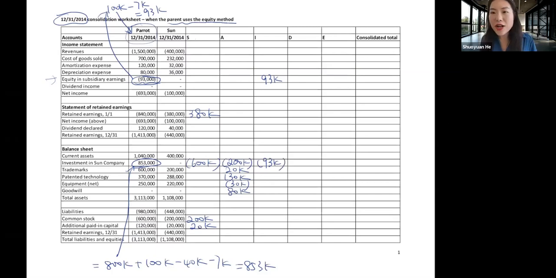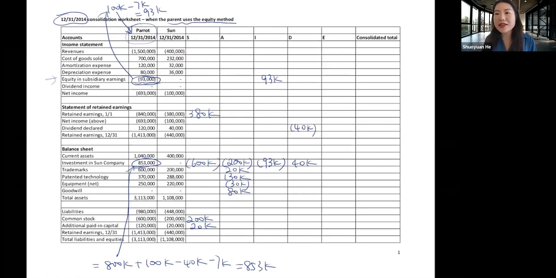Consolidation entry D. The purpose of consolidation entry D is to eliminate the intra-entity dividend payment from the subsidiary to the parent. And the journal entry, we already explained it. It is to debit the investment account for 40,000 and credit dividend declared for 40,000.